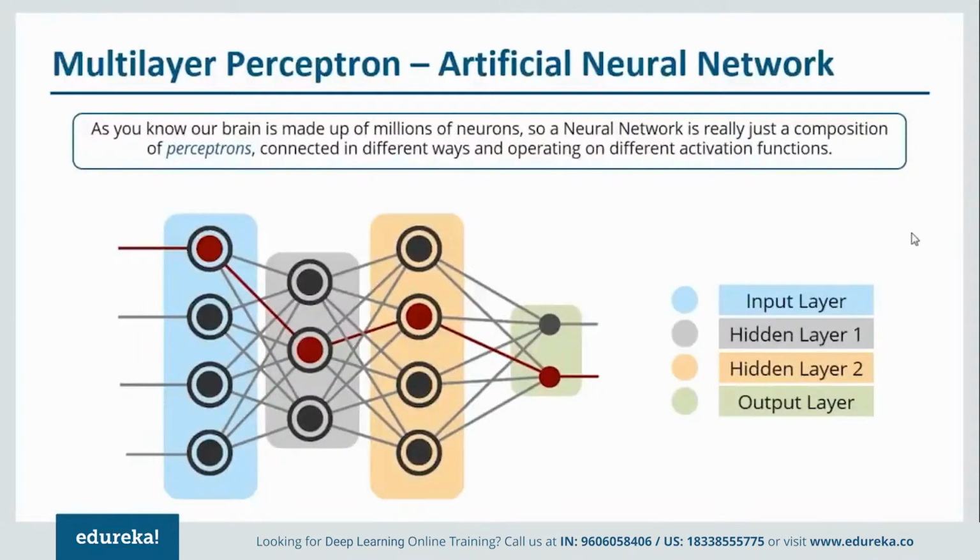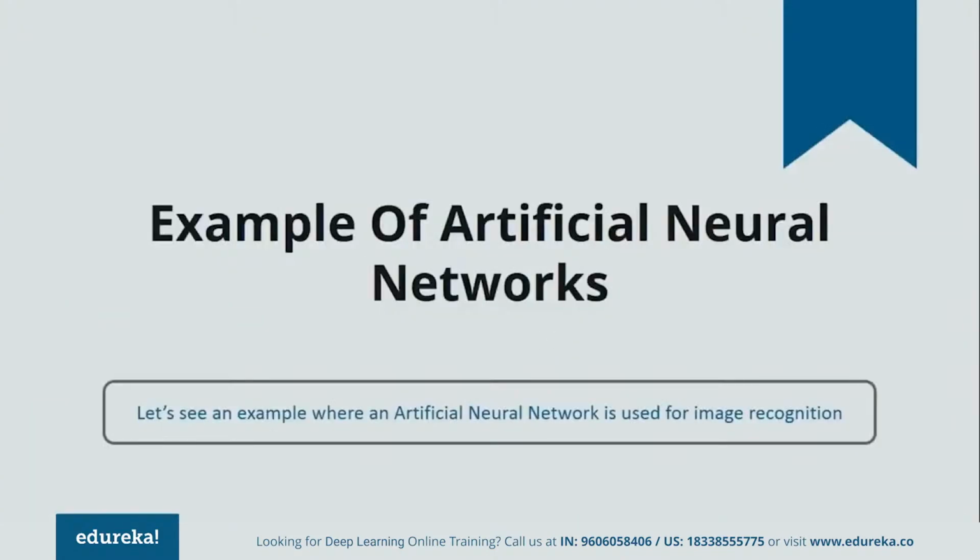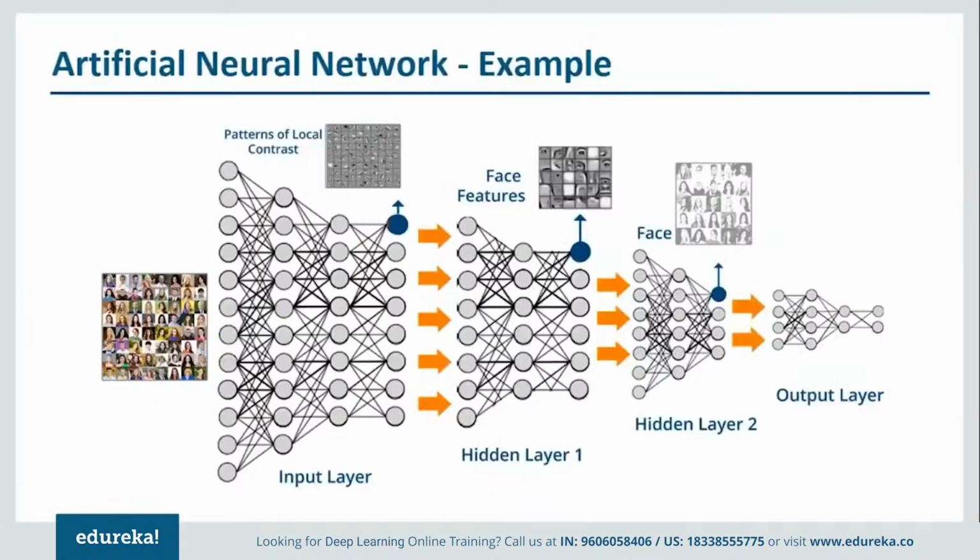Now let me explain this with an example. Over here I'll take an example of image recognition using neural networks. What happens is we feed in a lot of images to our input layer. Now this input layer will detect the patterns of local contrast and then feed that to the next layer, which is hidden layer 1. In this hidden layer 1, the face features will be recognized.